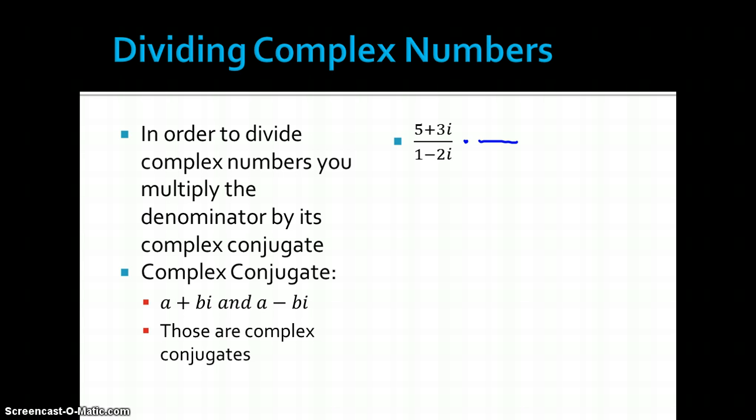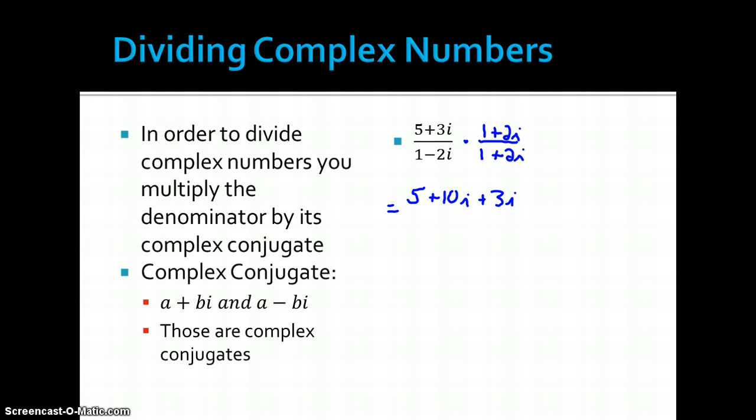So right now I have 1 minus 2i. My conjugate is 1 plus 2i. So now we FOIL in both cases. The numerator, 5 times 1 is 5. 5 times 2i is 10i. 3i times 1 is 3i.